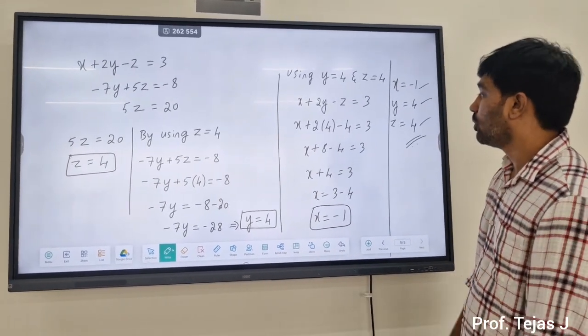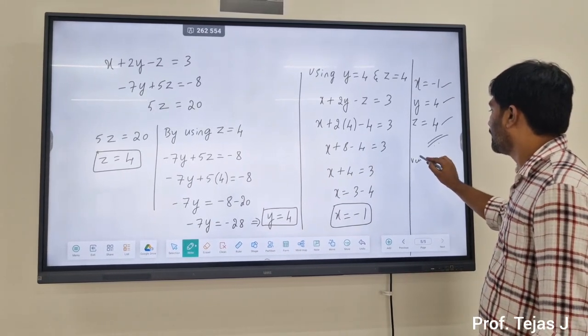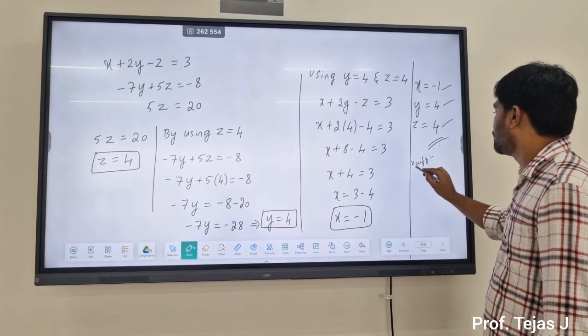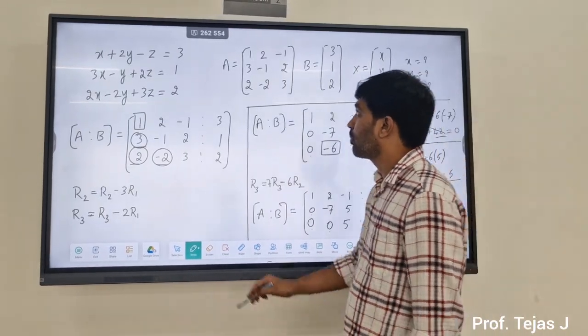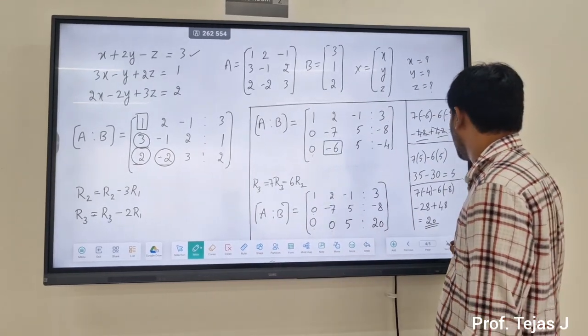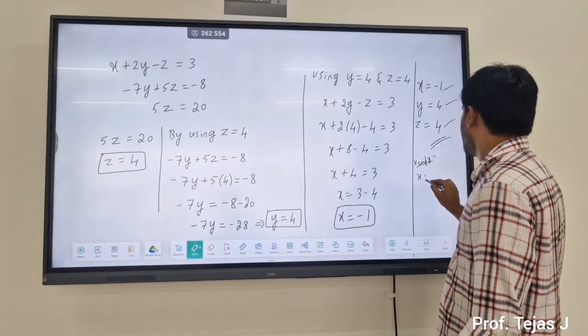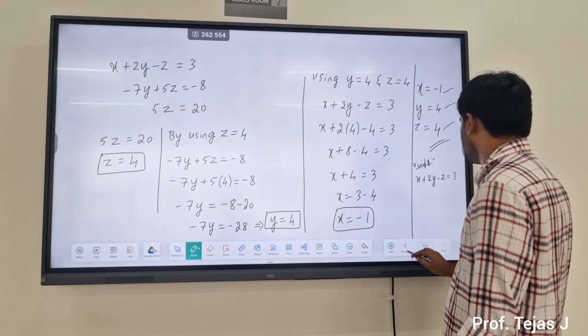If you want to know whether your solution is right or wrong, you can go with the verification step. Just take any equation from the given question. If you take the first equation, that is x plus 2y minus z is equal to 3, right?